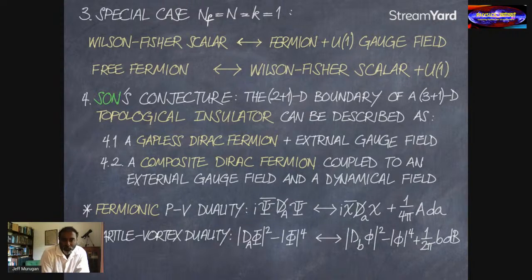And particle vortex duality was written down a long time ago by both communities, the high energy physics community as well as the condensed matter community. And it's basically the following statement.